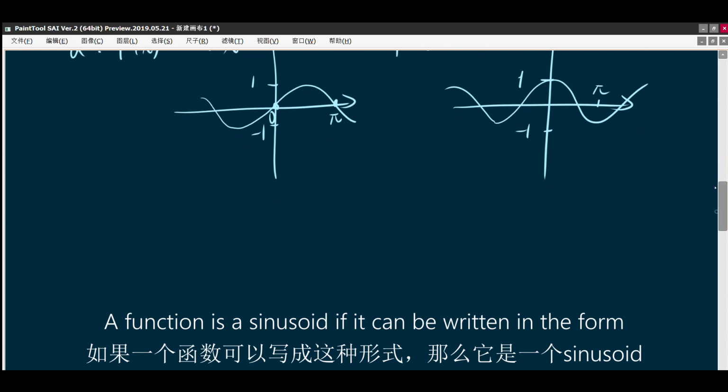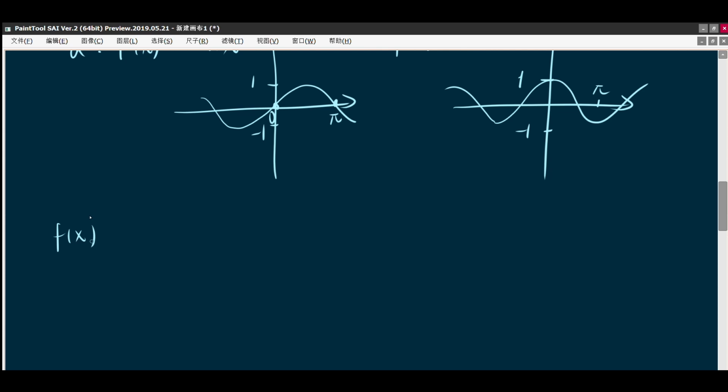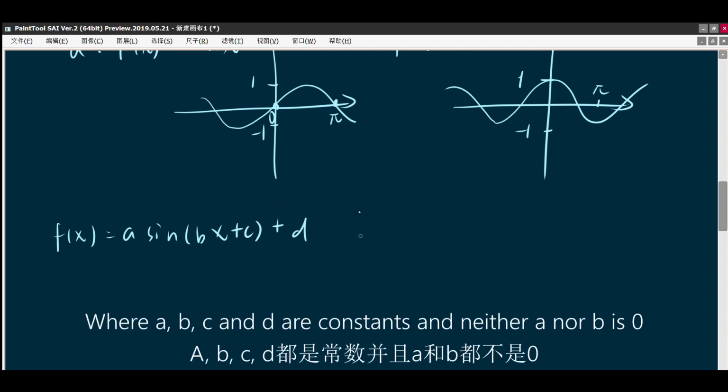A function is a sinusoid if it can be written in the form f(x) equals a times sine(bx plus c) plus d, where a, b, c, d are constants and neither a nor b is zero.